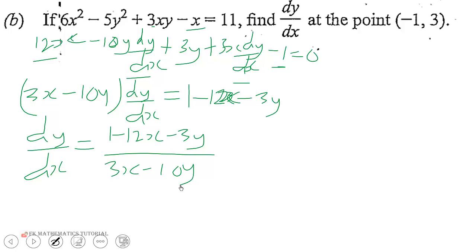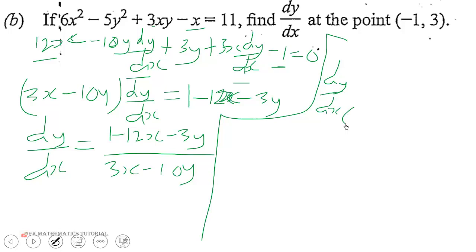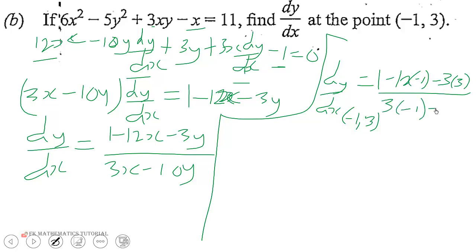Now, when we substitute the values of x and y, we get dy dx at x equal -1 and y equal 3 to be equal to 1 minus 12 into -1, then minus 3 into 3, all over 3 into -1 minus 10 into 3.